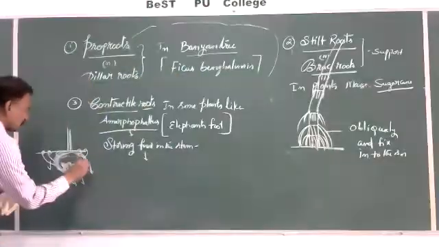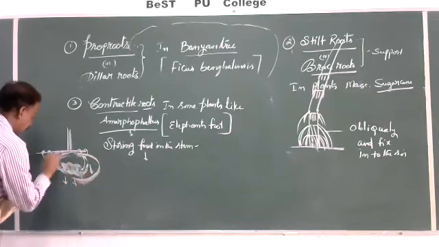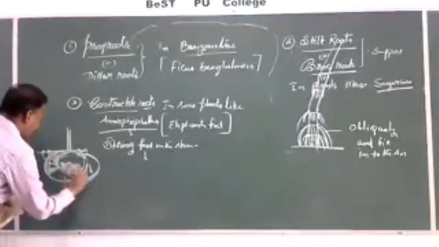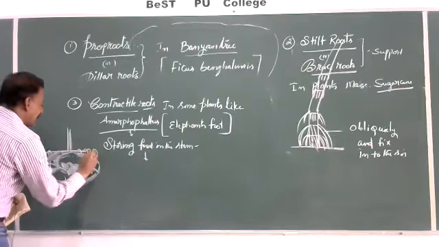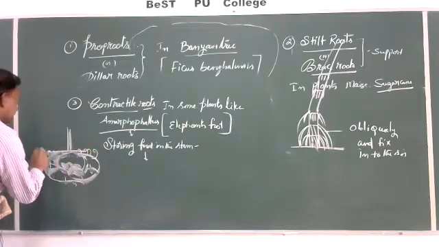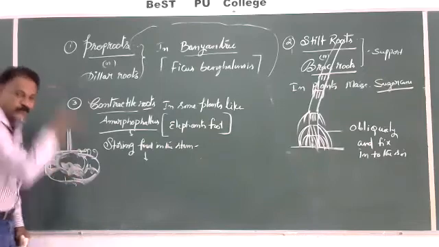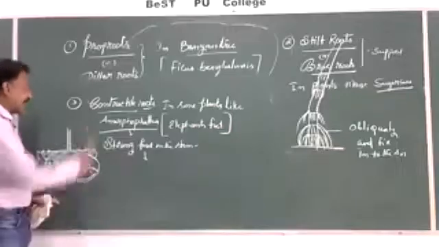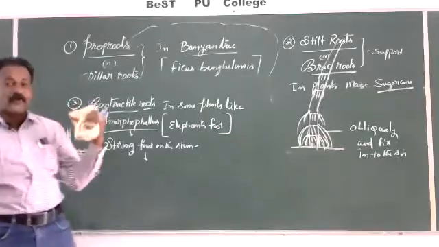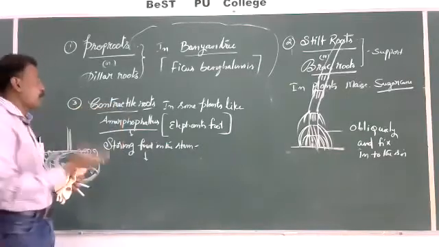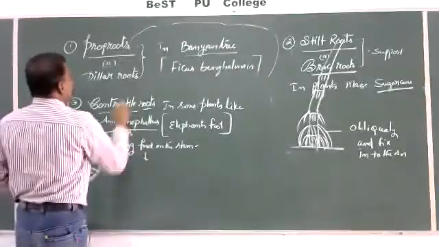So when these roots develop, they will catch the soil and will not allow this food material to go down. So contractile roots are giving support, which are called pulling roots.